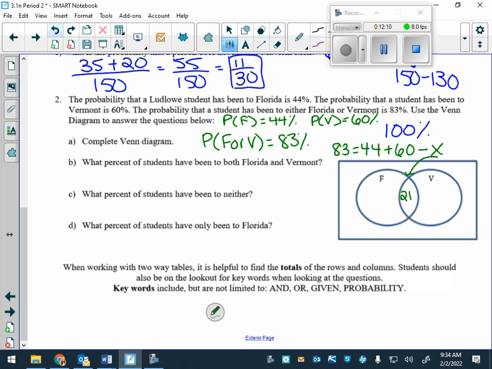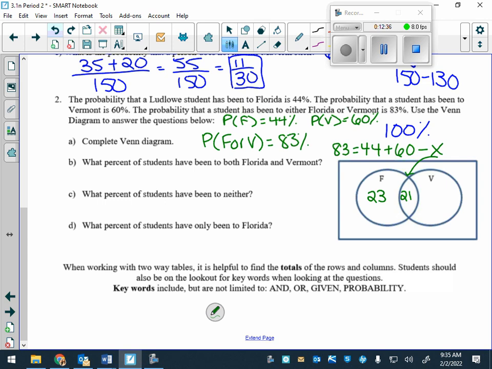Okay. How many just Florida then? How do we find just Florida? Come on, you guys. Pearson. And what do we get? 23. Good. How many only Vermont?